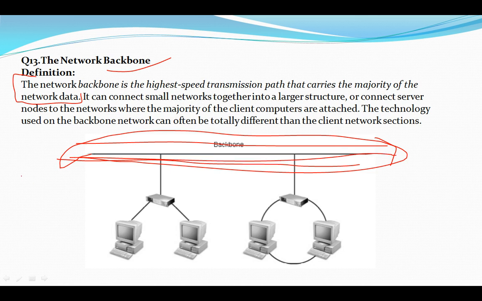You can say the higher speed of the network will be carried by this main backbone, or main network. It can connect small networks together into a larger structure, and connect server nodes to the network. So you can say this much is enough. It is a main high speed transmission path that carries the majority of the network data.